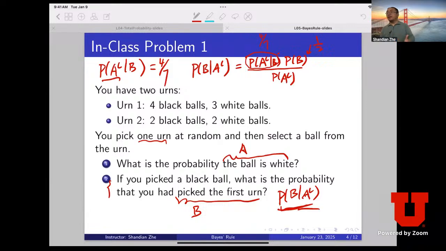Then the remaining question is how to compute the probability of A complement. Could anyone suggest a way to compute this?